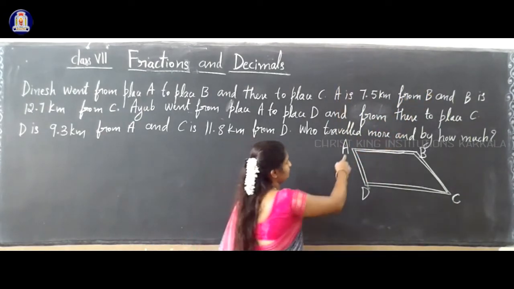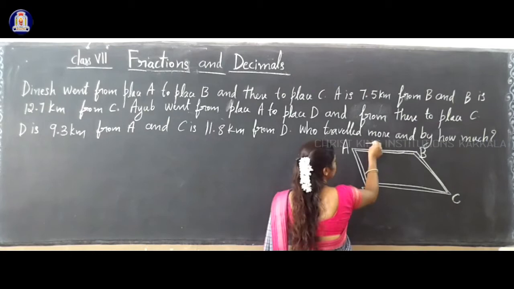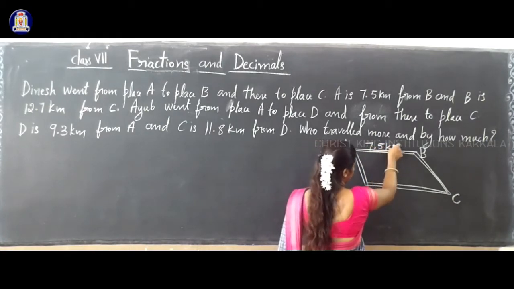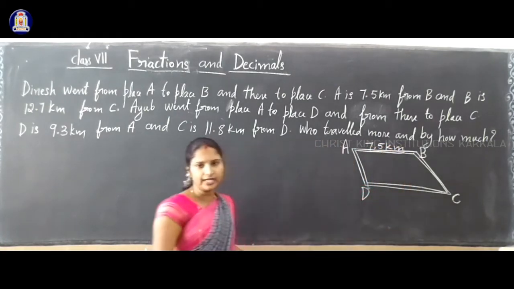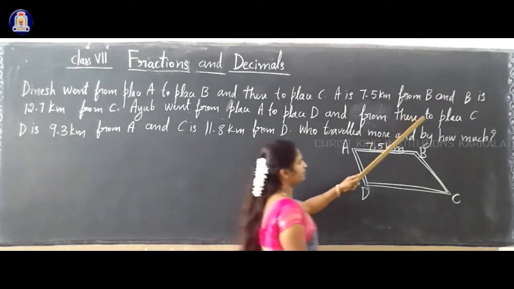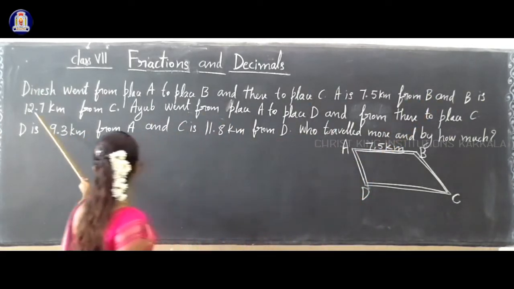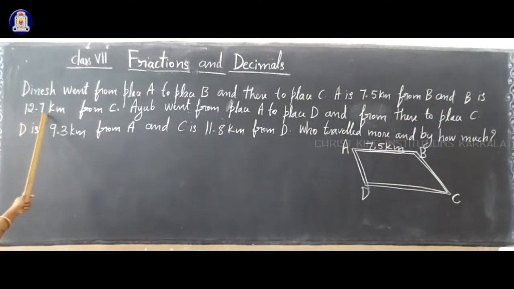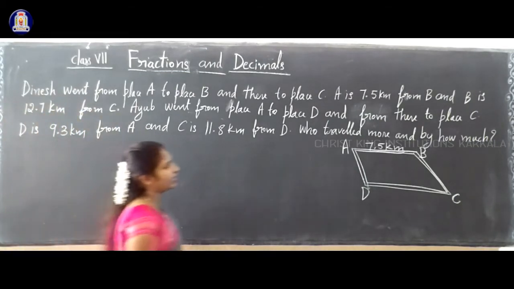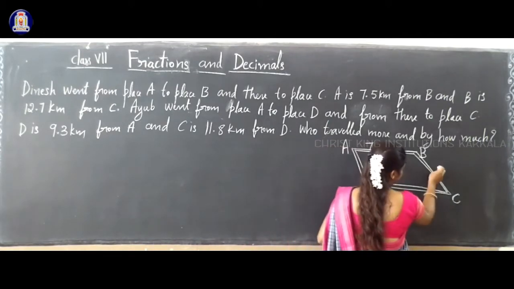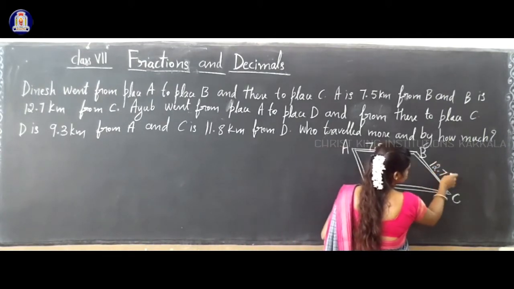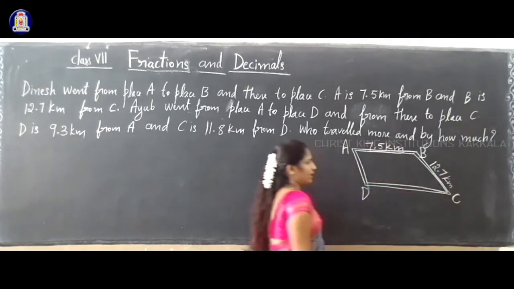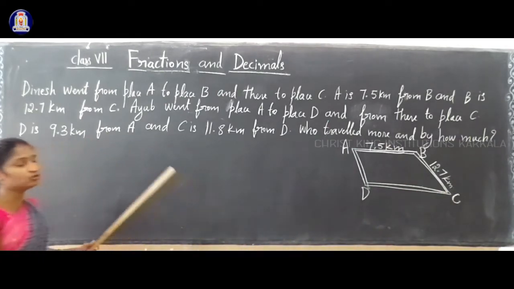It means from A to B he travelled 7.5 km, and B is 12.7 km from C, so from B to C he travelled 12.7 km.